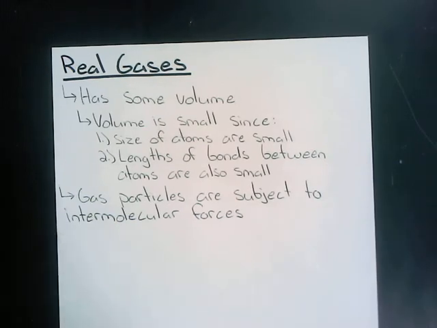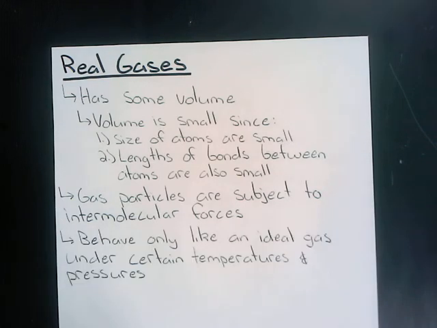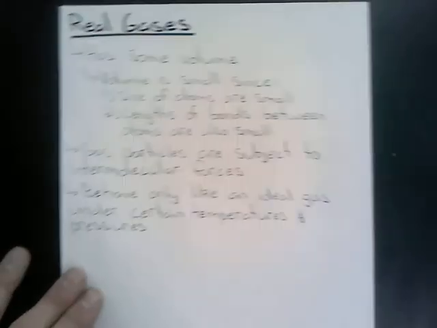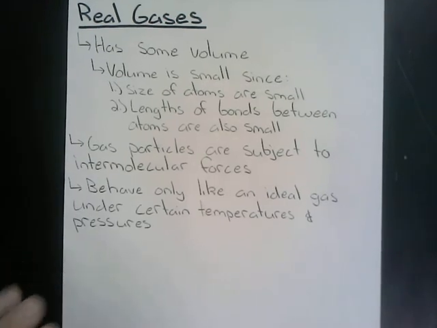So a real gas is only going to behave like an ideal gas under certain conditions of temperature and pressure. Now, when we have the right temperatures and pressures, the ideal gas law is going to give a close approximation of how real gases act in the real world or through experiments.